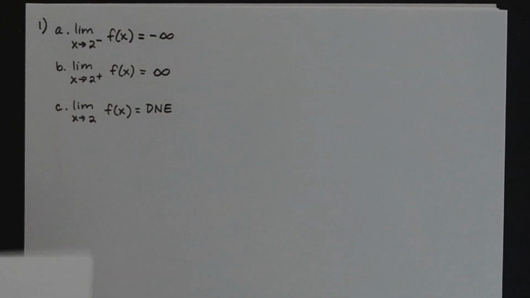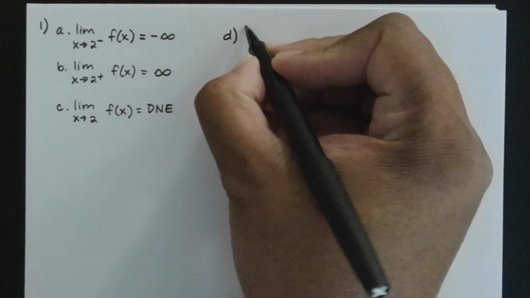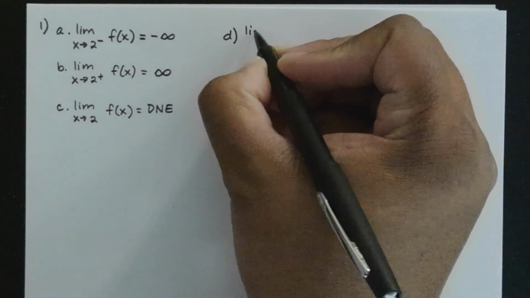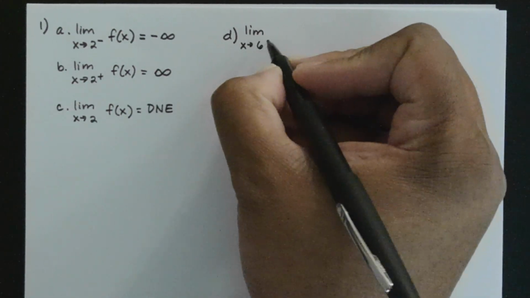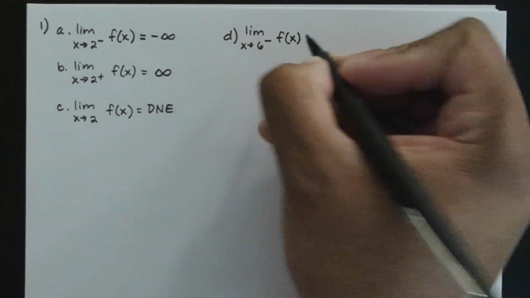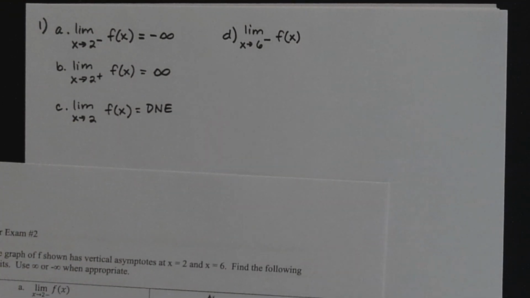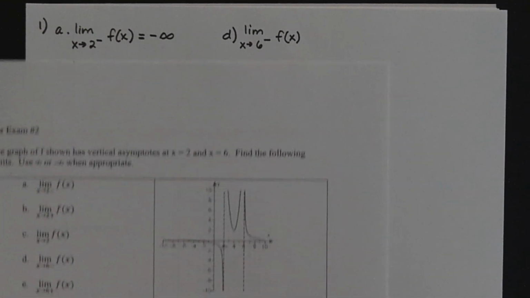Okay. Now part D is the other vertical asymptote, and that's at 6. So if I take the limit as x approaches 6 from the left of the function f of x, okay, take a look.